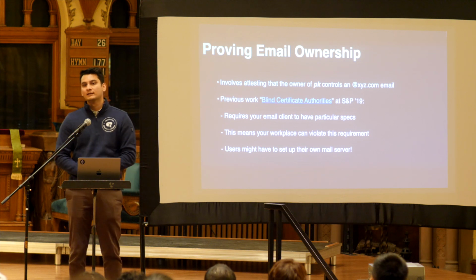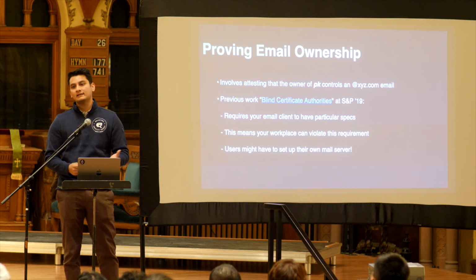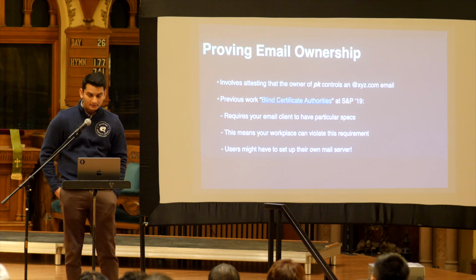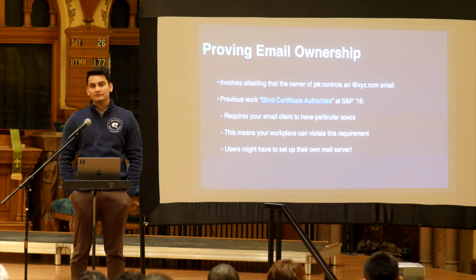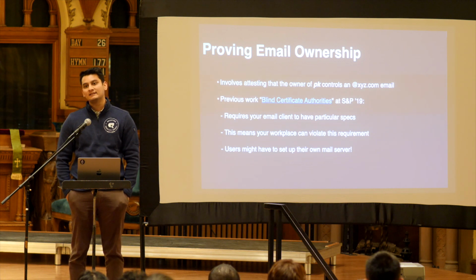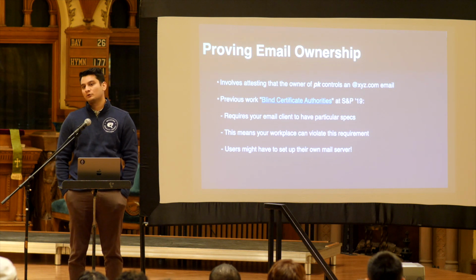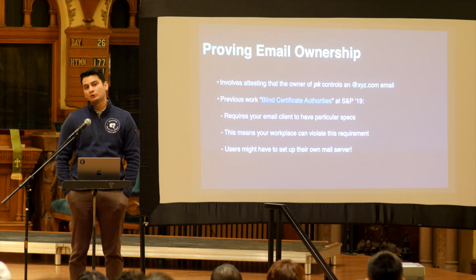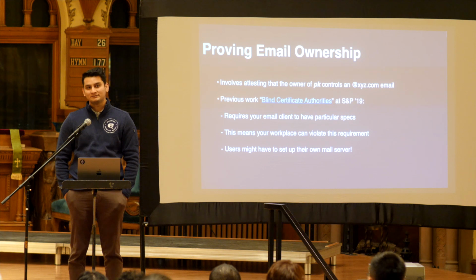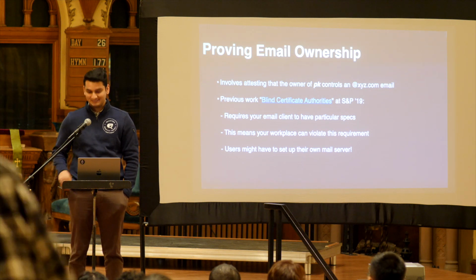They can just make sure that the email client that you're using doesn't follow that specification, and then you won't be able to use the proof system proposed in this paper, right? And if this is not the case, you can still use the proof system, but you need the technical expertise to set up your own mail server. And this would prevent most people from using it, because setting up your own mail server is a pain in the ass.